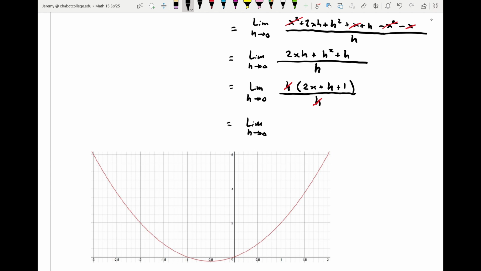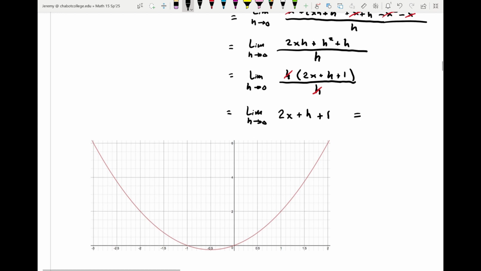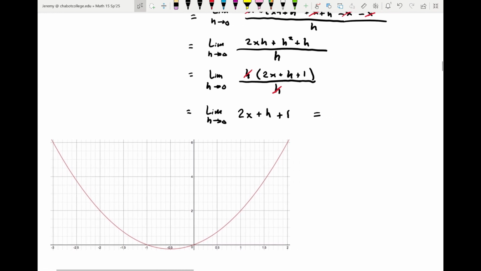So we've got the limit as h approaches 0 of 2x plus h plus 1. And finally, I can actually evaluate the limit. I can let h go to 0. That's just going to make this term drop out, and I'll just be left with 2x plus 1.